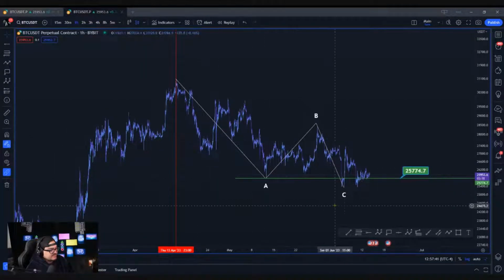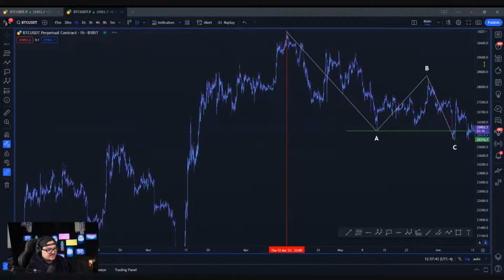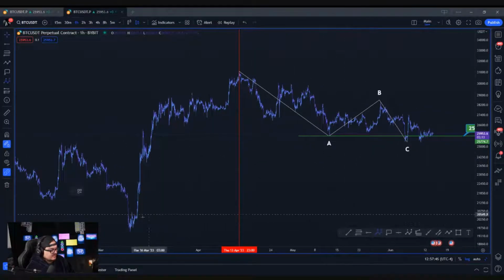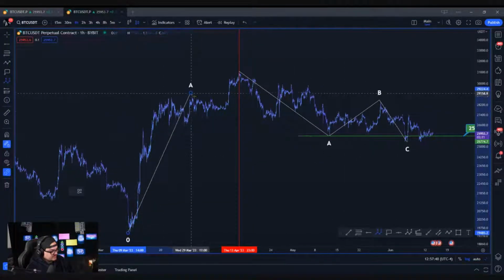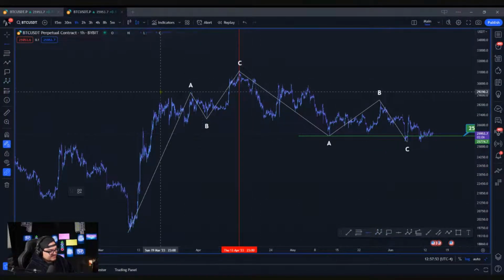But that is primarily a bullish setup I'm looking for. Something to illustrate as well: I am still currently holding a short position from this previous bearish ABC.